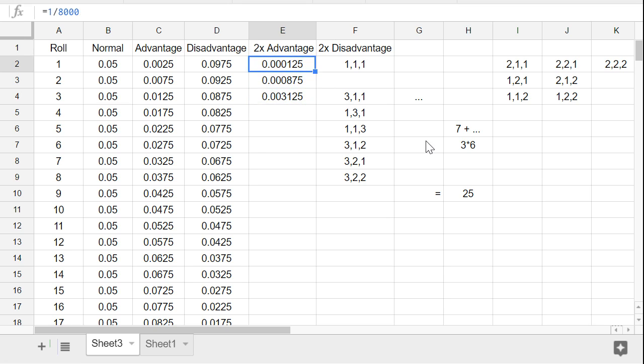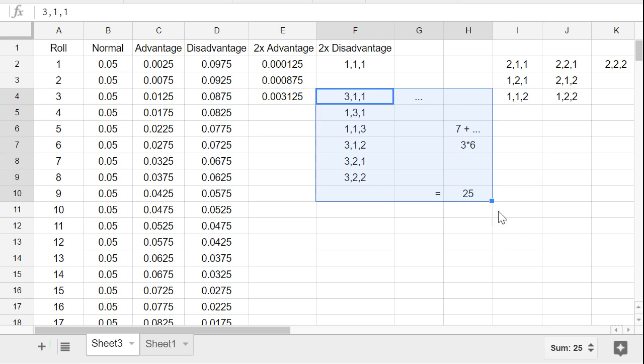The pattern isn't as clear, and it looks like it's not linear. It's like increasing very quickly. So we've got to think of a different way to count these, right? And I'm not even sure if 25 is right. So let's think of this differently.